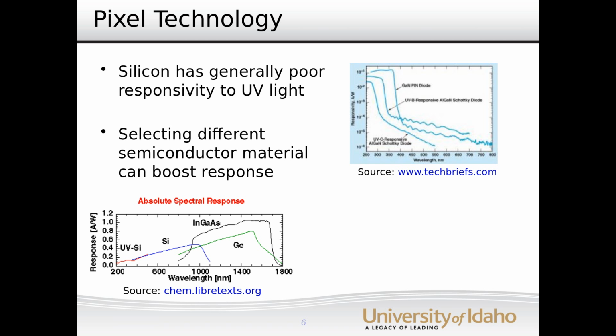So going into pixel technology now. In general, silicon has pretty poor responsivity to UV light and therefore low gain, but silicon isn't the only option that we have for semiconductor technology.